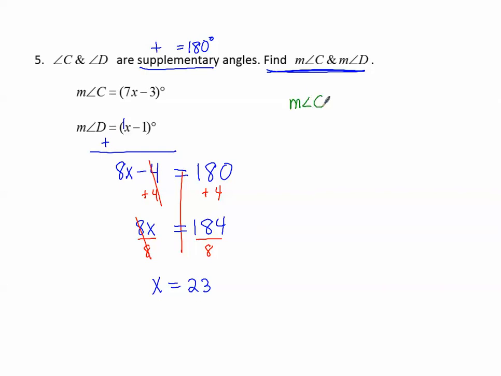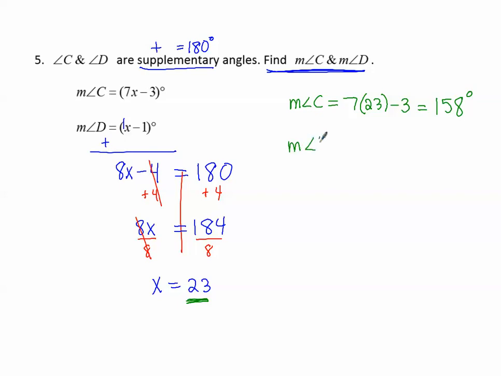The measure of angle C equals 7, and instead of x, we're using 23. So 7 times 23 minus 3 equals 158 degrees.